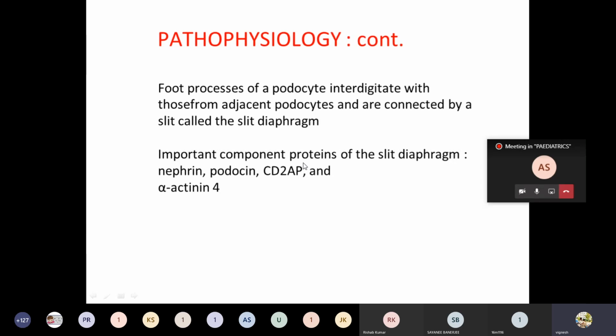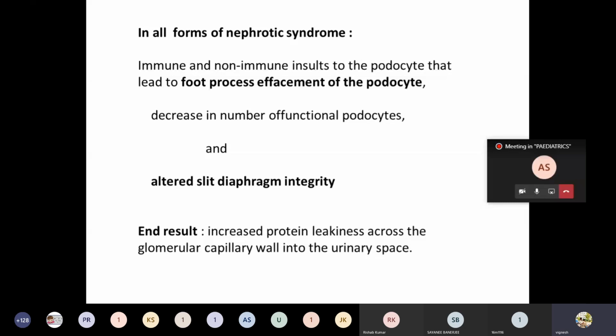For all these things, podocyte CD2AP and alpha-actinin 4 are responsible for the permeability to albumin we are going to see. So in all forms of nephrotic syndrome, the immune and non-immune insults to podocytes lead to foot process damage.